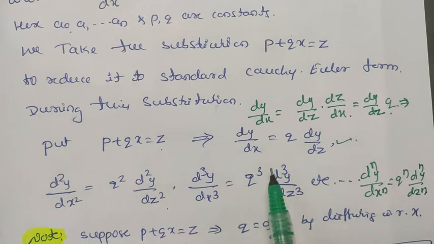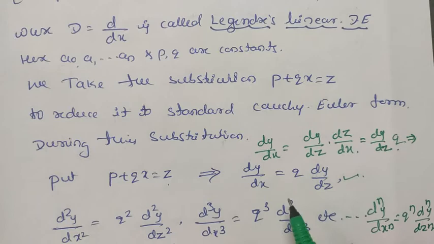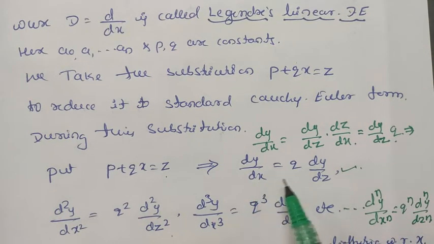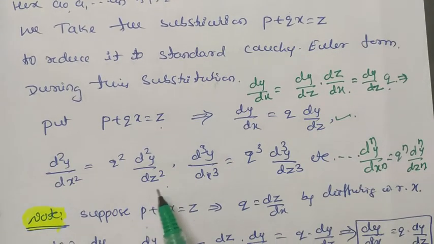Just remember that if the given equation is in Legendre form, you substitute p plus qx equals z, and dy by dx equals q dy by dz, d2y by dx square equals q square d2y by dz square, etc. I'll explain how we got all this.